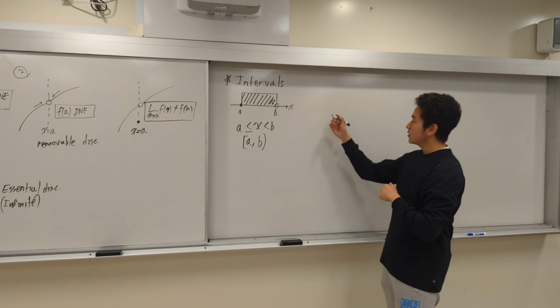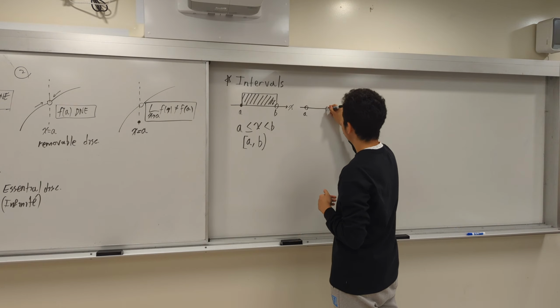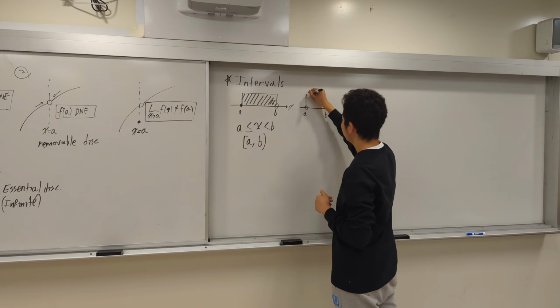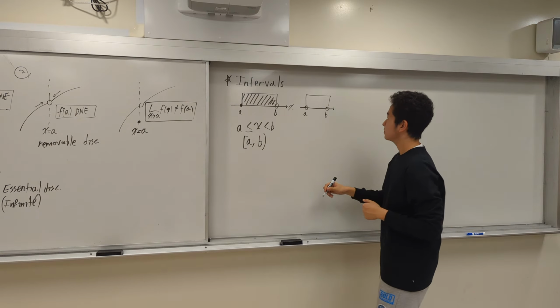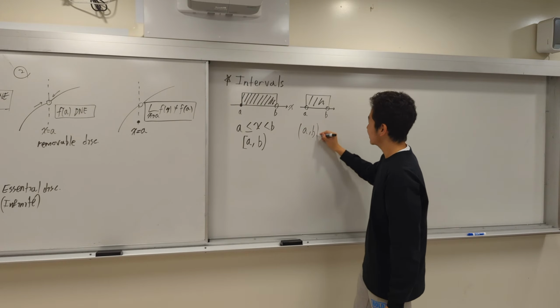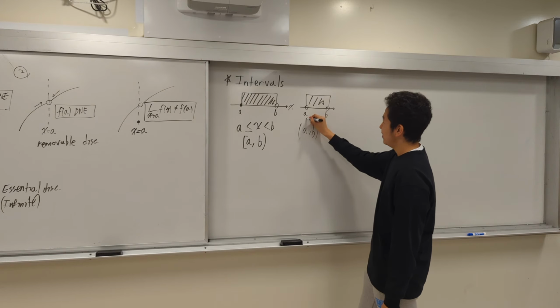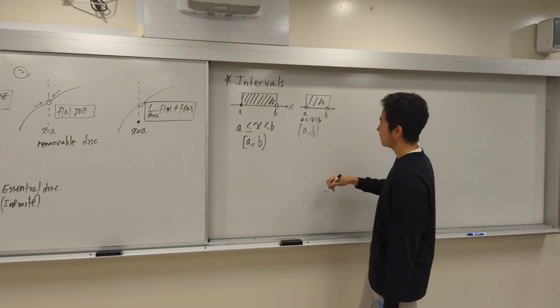Okay, so let's practice a little bit more. How about they're both open holes? So a comma b, but with parentheses, round brackets on both sides. And this would be what? x is greater than a and less than b.